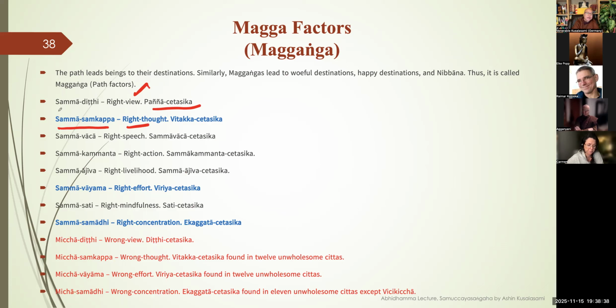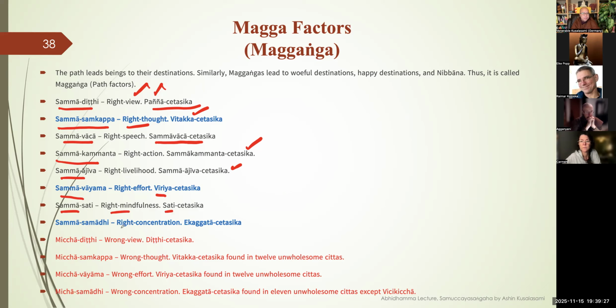In the ultimate reality there is no Samma Ditthi or Samma Sankappa; only Pannindriya Cetasika and Vitakka Cetasika. Samma Vaca, right speech, is Samma Vaca Cetasika. Samma Kammanta, right action, is Samma Kammanta Cetasika. Samma Ajiva, right livelihood, is Samma Ajiva Cetasika. Samma Vayama, right effort, is Viriya Cetasika. Samma Sati, right mindfulness, is Sati Cetasika. Samma Samadhi, right concentration, is Ekagata Cetasika.